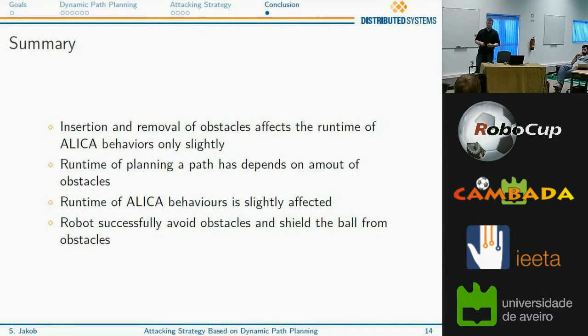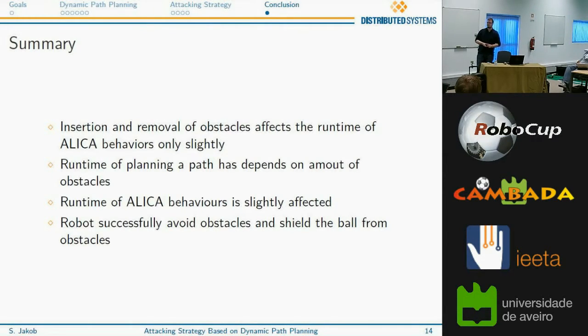Our runtime shouldn't exceed 33 milliseconds, and insertion and removal of artificial obstacles takes around 1 millisecond if there are many, like 100. And if there are 10 or 20, it's way lower than 1 millisecond.